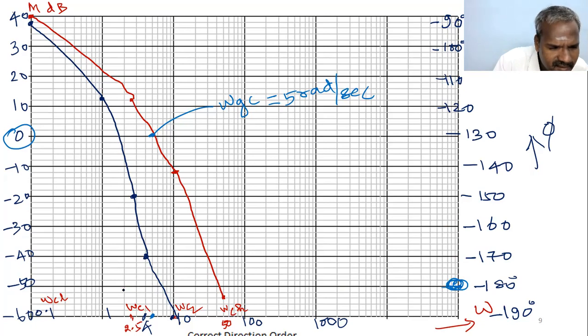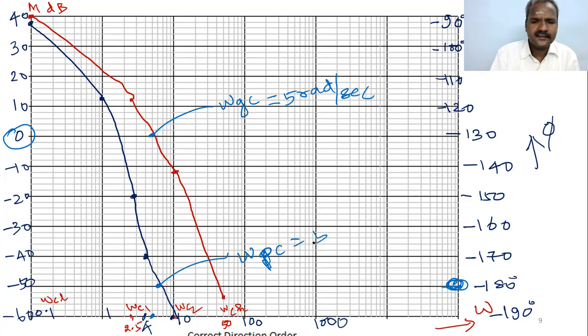Almost it crosses 1, 2, 3, 4, 5. Same 5. Okay. So this is also omega PC. This is also nearly 5 radian per second. Understand? So the phase crossover frequency is also 5 radian per second. Gain crossover frequency is also 5 radian per second.